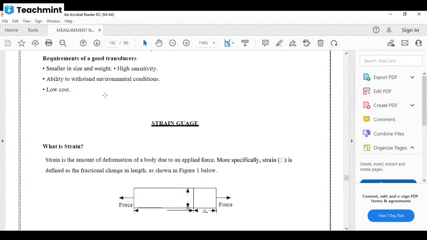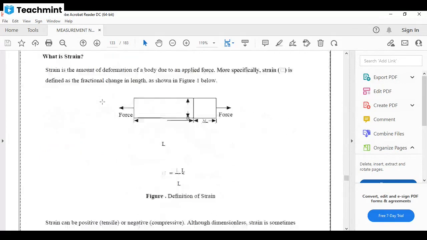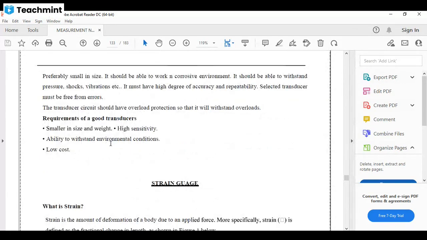A good transducer is required to be small in size and weight, with high sensitivity, ability to withstand environmental conditions, and low cost. So these are some basic parameters, and the working type depends on the transducer.